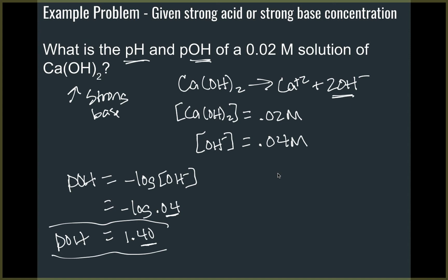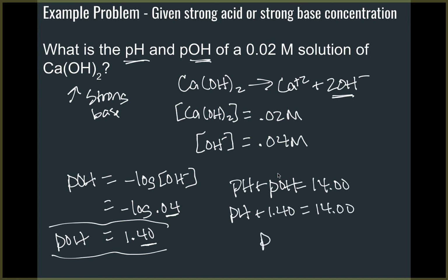Sig figs don't start till after the decimal, so that's why I have to leave that 0.40 there. Okay, I also want the pH, so I'm going to do the same thing with the other one. pH plus POH equals 14. So pH is what I want to solve for. POH is 1.40.